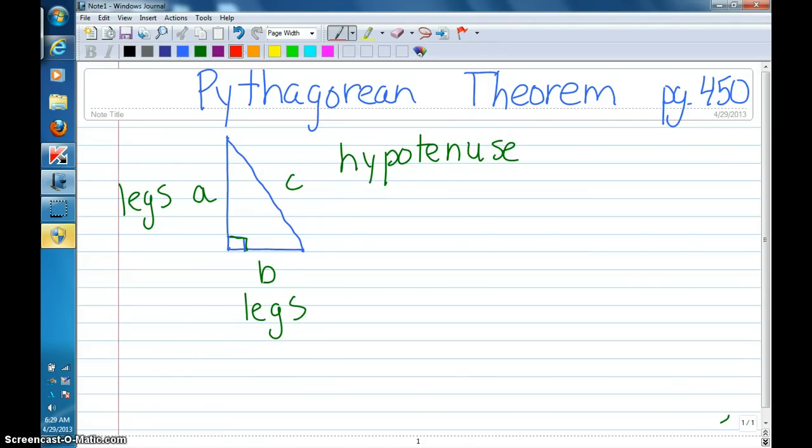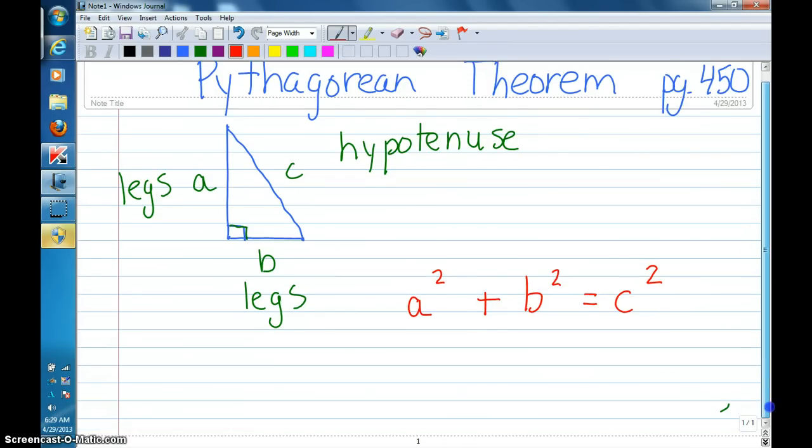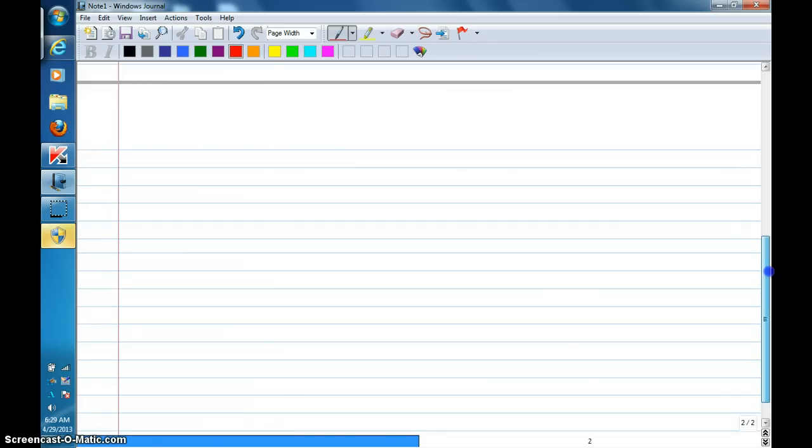And what we're using today, guys, is called the Pythagorean theorem, and it is this: a squared plus b squared equals c squared. So you can use this to find a missing side. So if the legs are missing or if the hypotenuse is missing, you can use this Pythagorean theorem to find that missing side. So we are going to try a few.